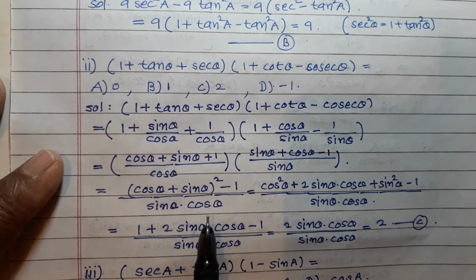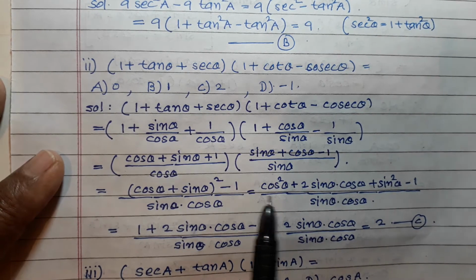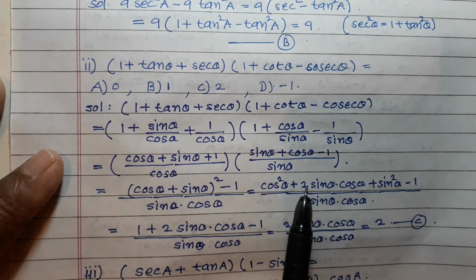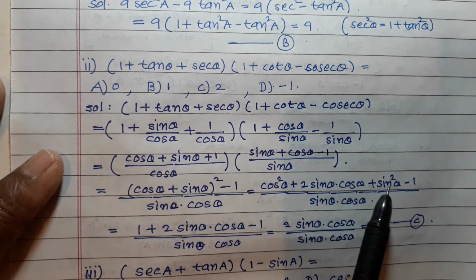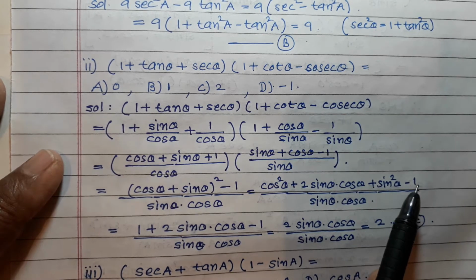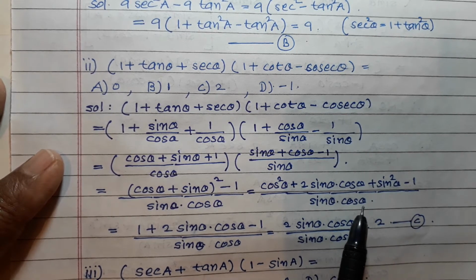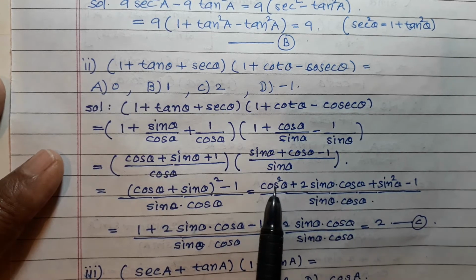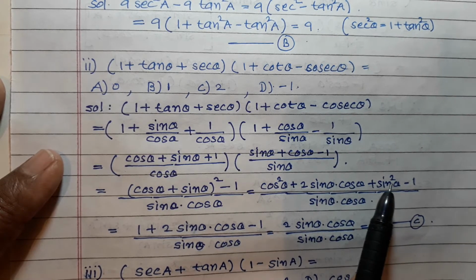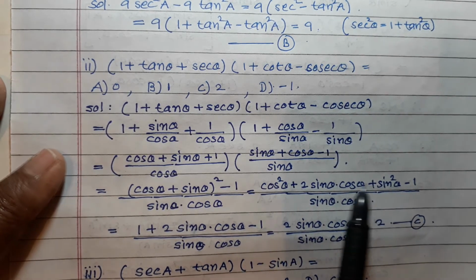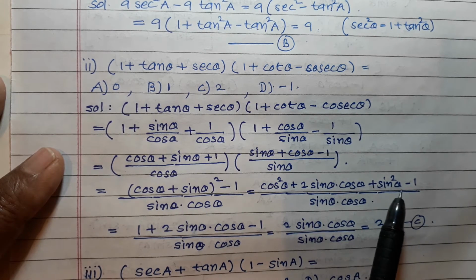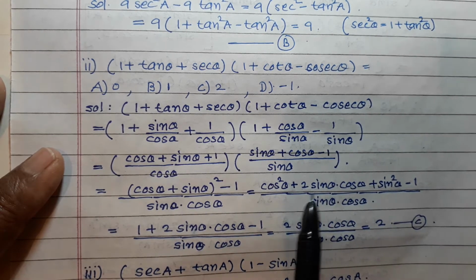This you expand: cos square theta plus 2 sin theta cos theta plus sin square theta minus 1 upon sin theta into cos theta. And now you know cos square theta plus sin square theta is equal to 1.